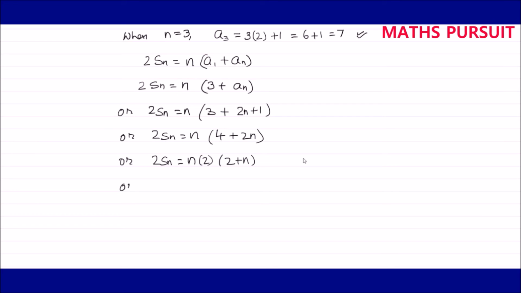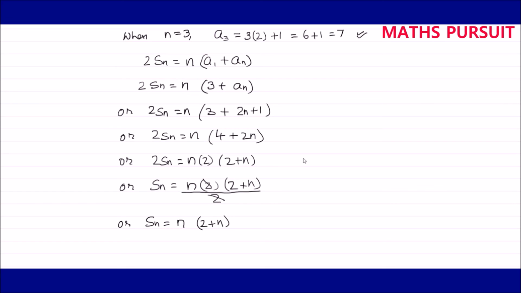Or I can write in the next step Sn is equal to n into 2 plus n upon 2. Guys, just getting the 2 from the left side to the right side. Or I can write Sn is equal to, this 2 and this 2 cancel out. We are left with n into 2 plus n. But guys, even if we solve further, we are not going to get anything because they want just Sn.